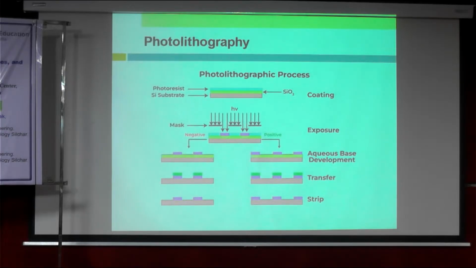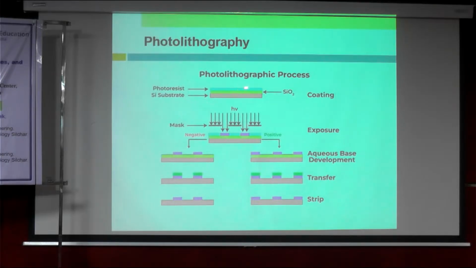So at a glance, this is the process of photolithography, just a quick understanding of this. For example, we have a silicon substrate. Normally in the process of microfabrication or IC design, you will have silicon dioxide on top of this silicon substrate.